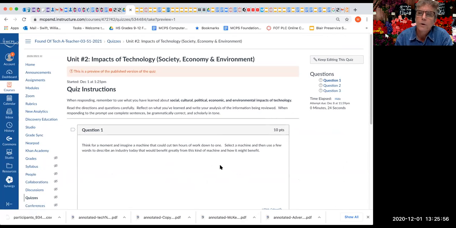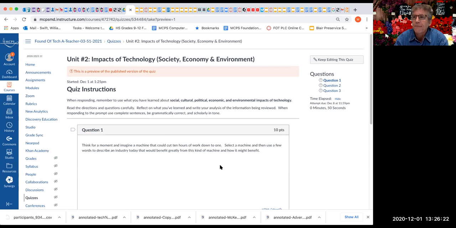So where the quiz we were just working on is grounded in reality, that you're talking about people being replaced on an assembly line by machines, this is actually more imagination. I want you to imagine a machine that could cut 10 hours of work down to 1. What's an example? Let's say a robot on an assembly line.